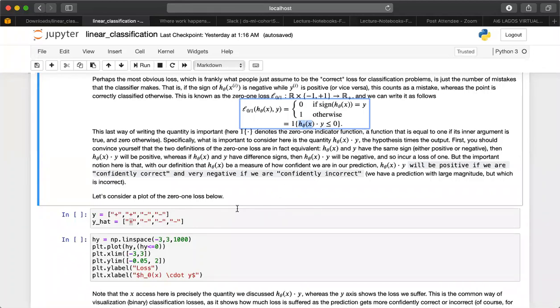Minus times minus is plus, minus times plus is minus, plus times minus is minus. So it's saying if the product of H and Y is less than 0, then it's a wrong prediction, 1. Else, it is a correct prediction, 0.